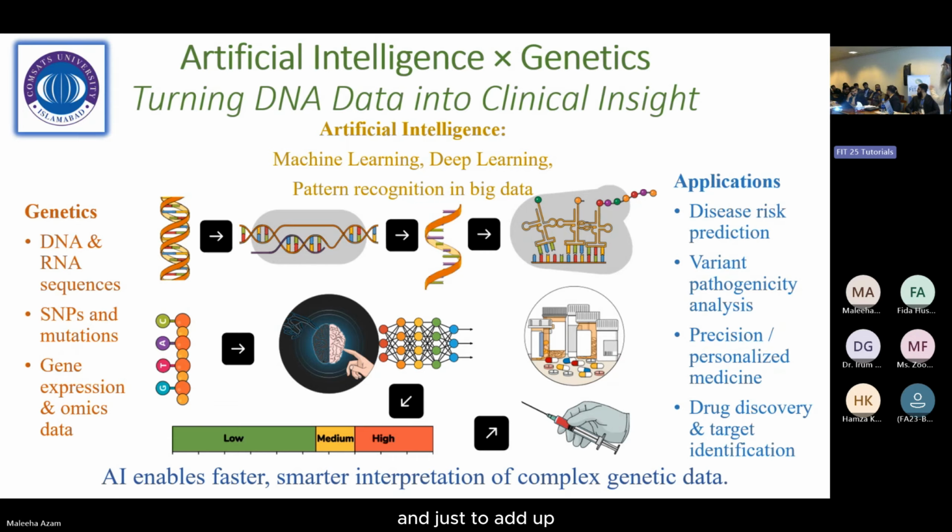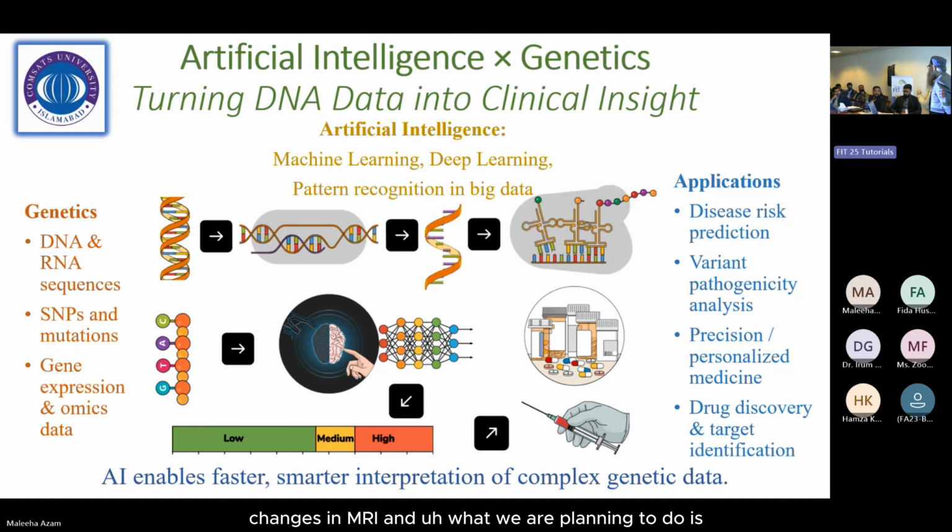And just to add to what Omar has explained so far, what we have done is we have already identified the disease-susceptible individuals for Alzheimer's based on our control data set. You can easily see some physiological changes in the brain through changes in MRI. What we are planning to do is pinpoint those individuals and have them tested through the tools that we are going to develop based on acoustic or digital marker detection.